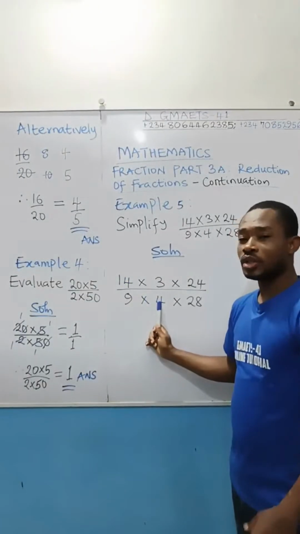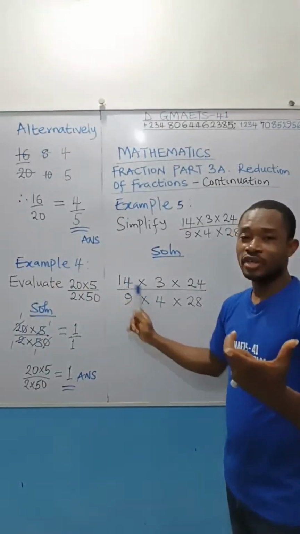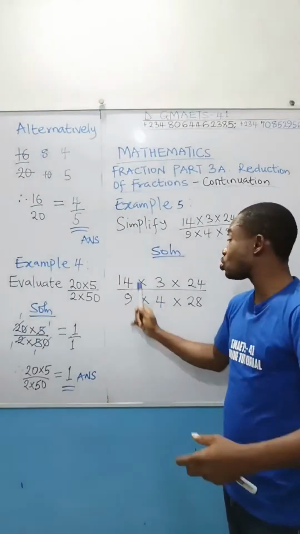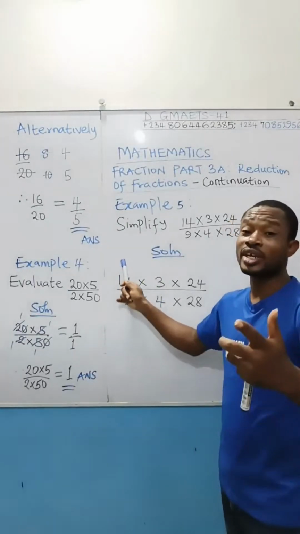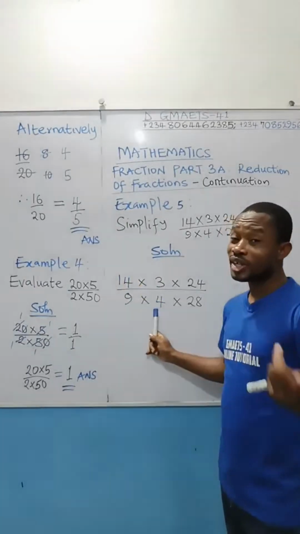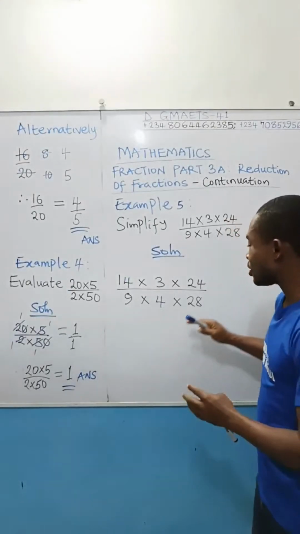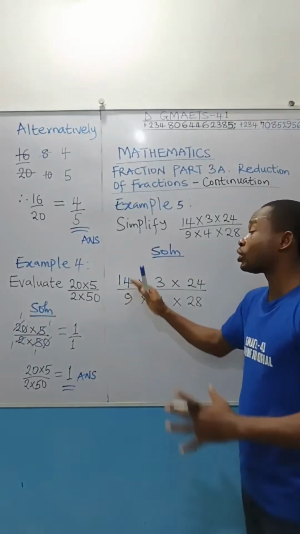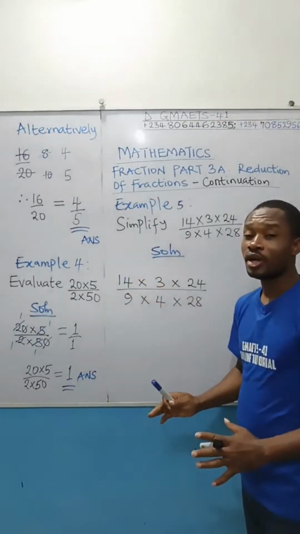14 and 4, they have a common factor. 2 can reduce them. 2 is the highest common factor of 14 and 4. So you can use 2 to reduce. 2 into 14, you get 7. If 2 divides 4, you get 2. But there is something I'm looking at in the denominator, so I don't even want to use 14 and 4.